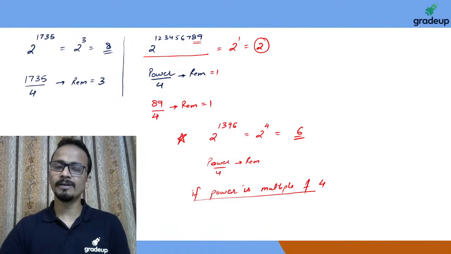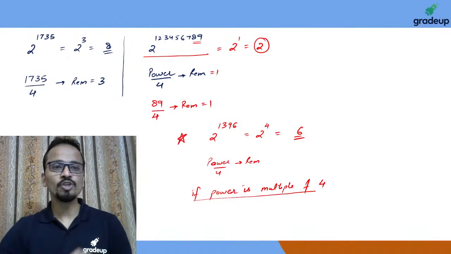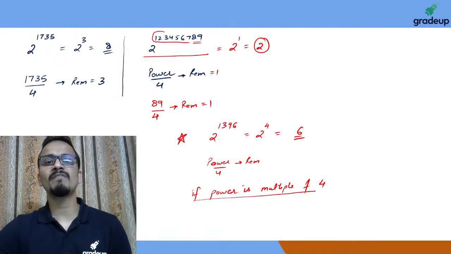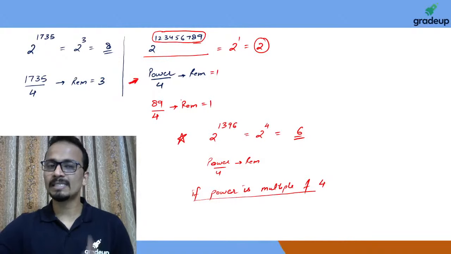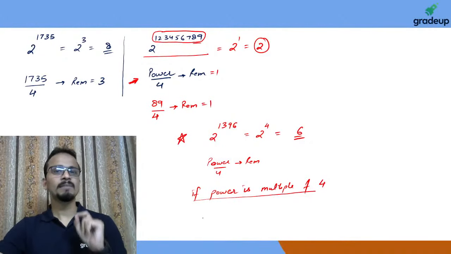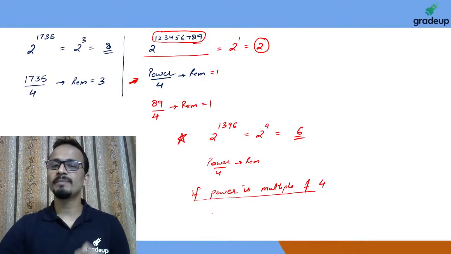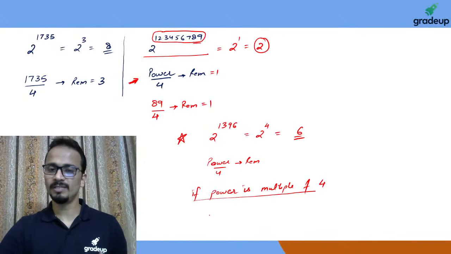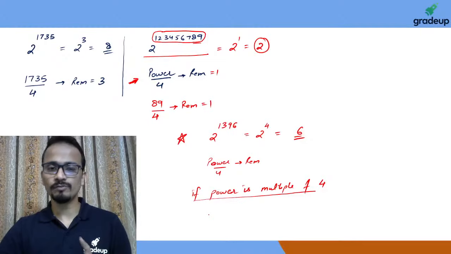Hence to calculate the unit digit of any power of 2, we'll divide the power by 4 and write the remainder as the power. Also, in case the power is a multiple of 4, instead of writing the remainder, we'll write the power as 4 only. So this was how to deal with the powers of 2.